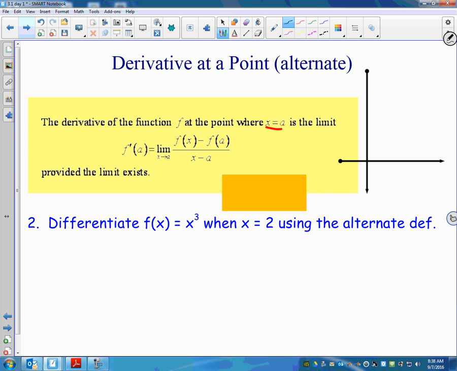I never questioned this definition, so I'm just going to throw this out there, and then you can tell me if you've had the same thought. But Sean Logue, do you remember Sean Logue? He's been a while ago. He was in my calculus class, and when I gave this definition, he was very upset about it because he didn't understand how on the bottom I could have x minus a when x equals a.